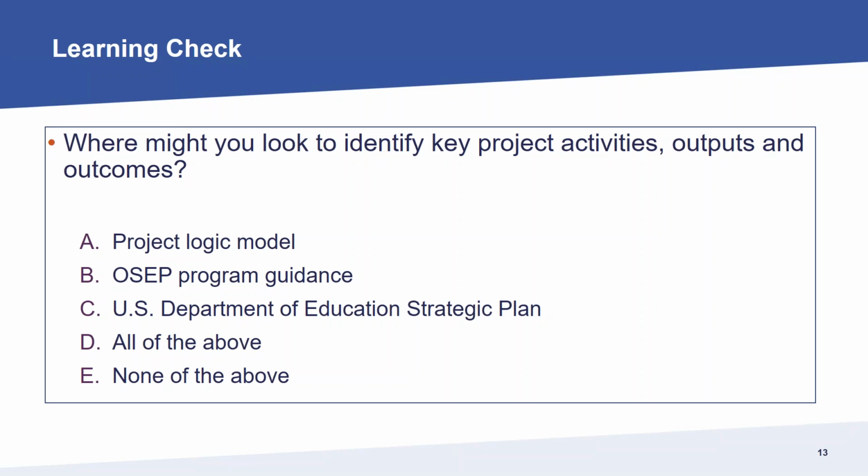In terms of responses, close to about 45% said the project logic model, maybe around 5% said OSEP program guidance, about another 45% said all of the above, and a very small percentage said none of the above. So the correct answer is A, the project logic model, which brings us to step 2.